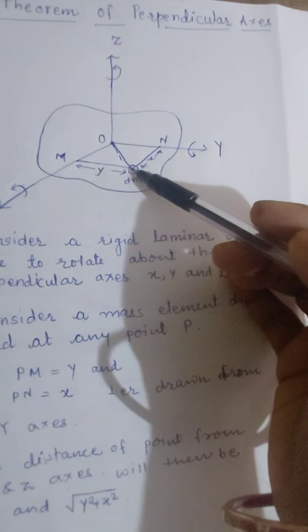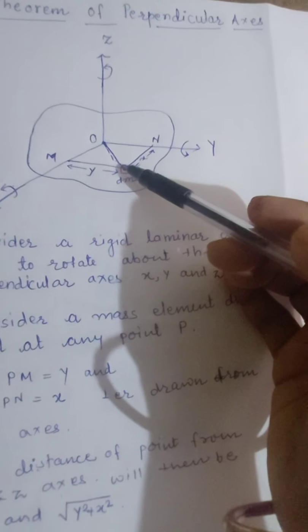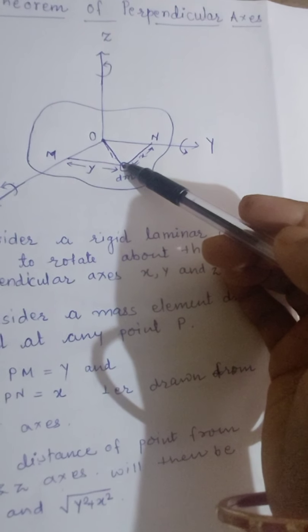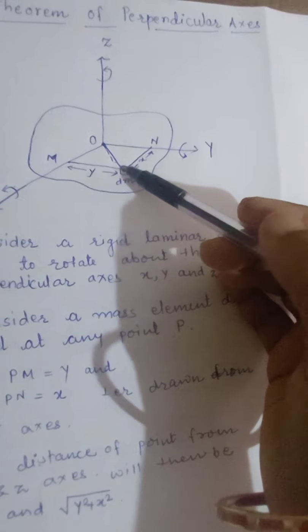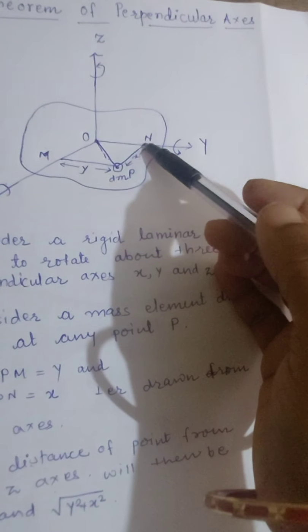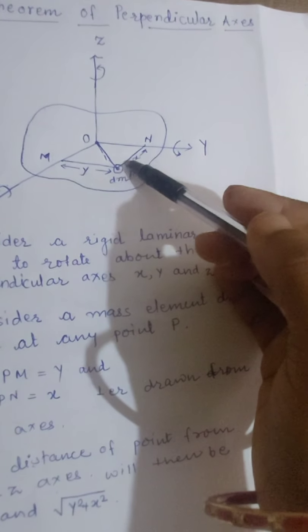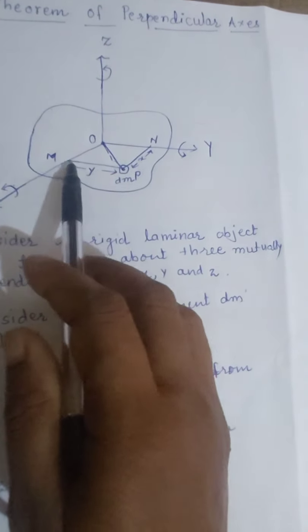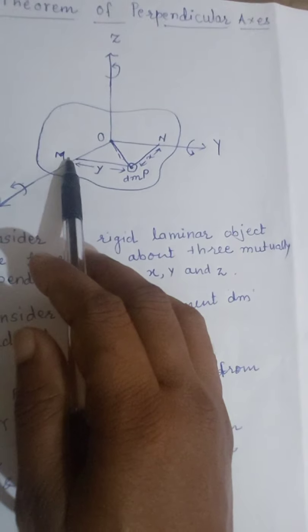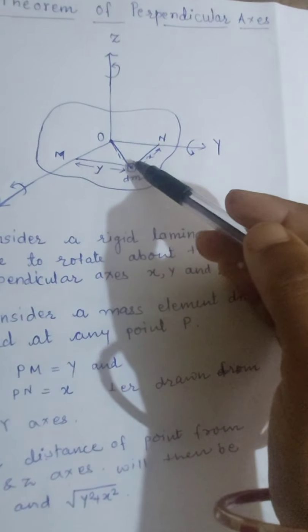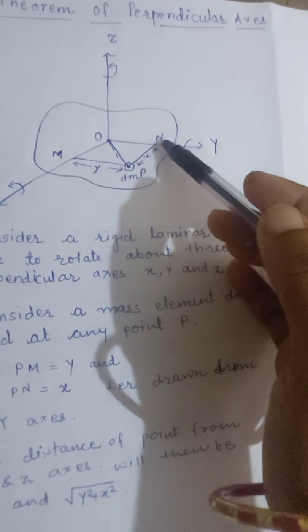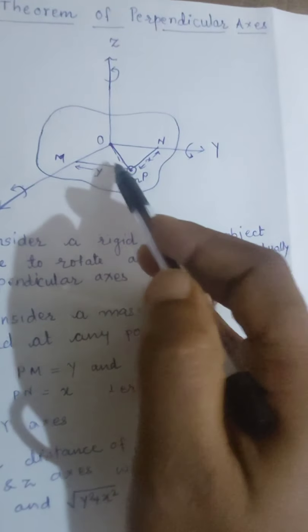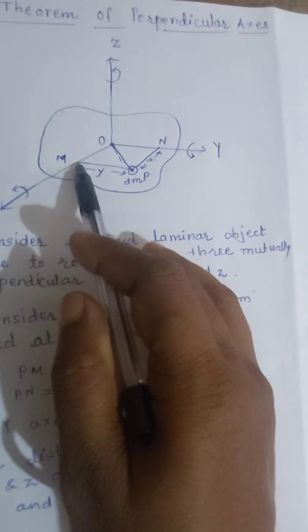We are going to find the moment of inertia of this dm about x, y, and z axis. We will draw this perpendicular on the y axis, and this perpendicular on the x axis. Then this distance will be x distance, and let this distance be y distance.